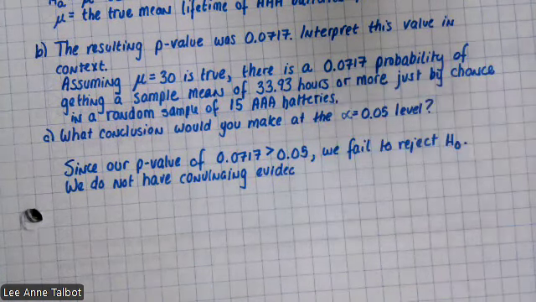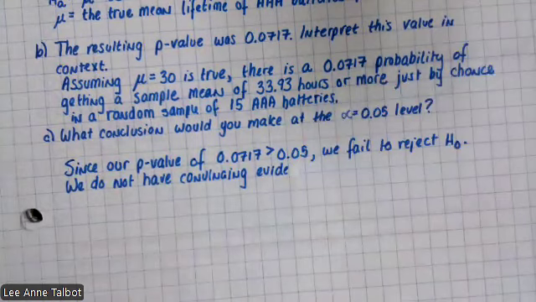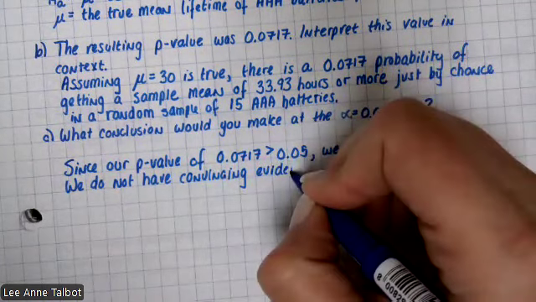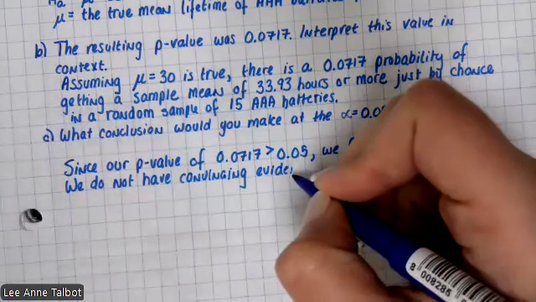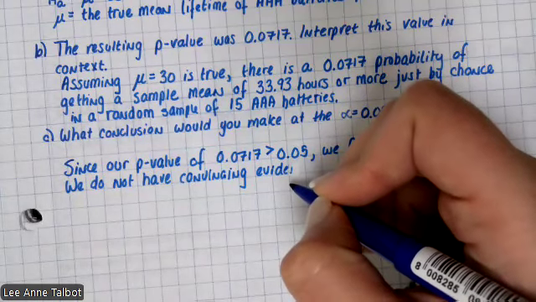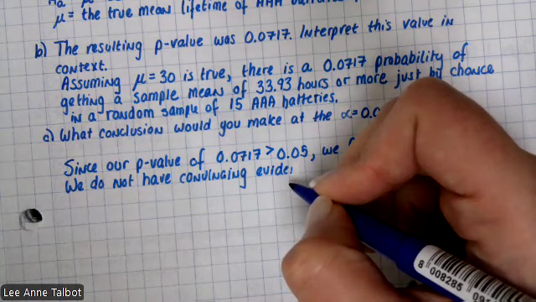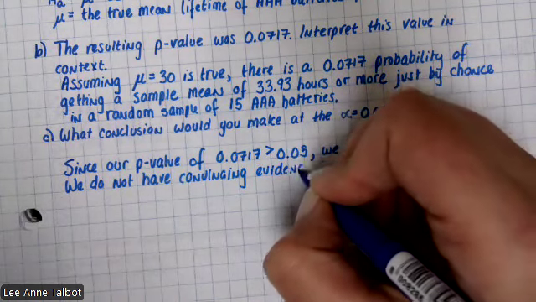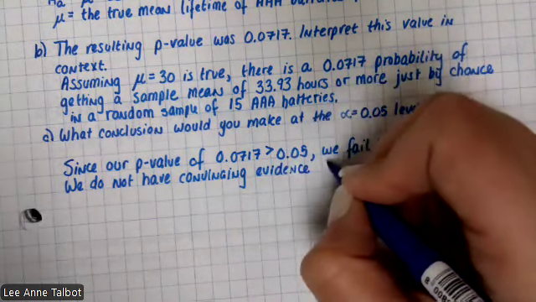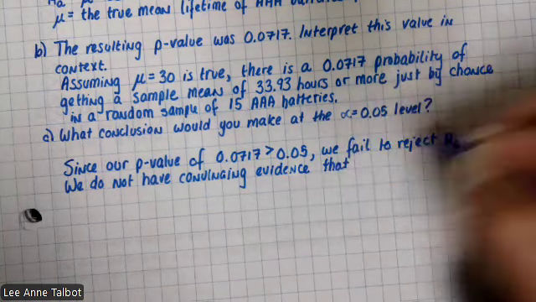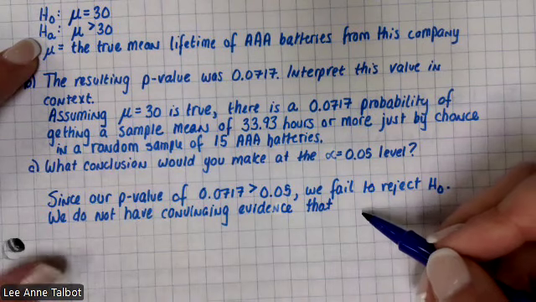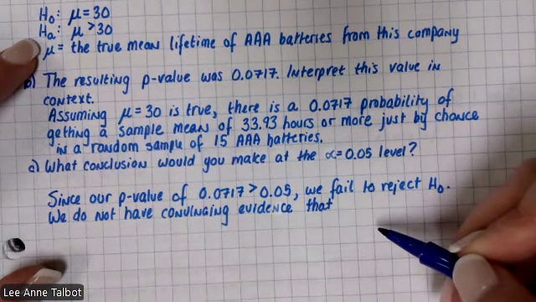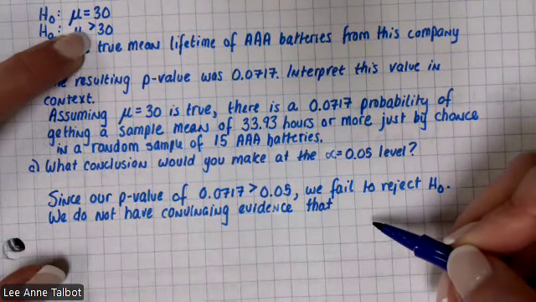We do not have convincing evidence for the Ha, and the Ha says the mean is greater than 30.